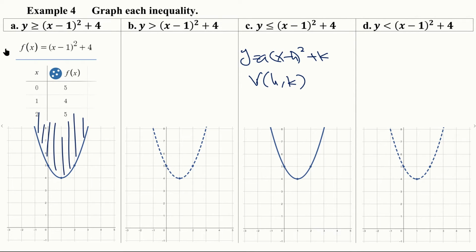Okay? Now, many sites and textbooks teach you to try test points, and that's fine too, because basically if you pick a test point in here, you'll see that it's going to satisfy this inequality, and if you take one here, you'll see that it will not satisfy. So you have to pick a point for your test point that is definitely either below or above the parabola, and you can do it that way.